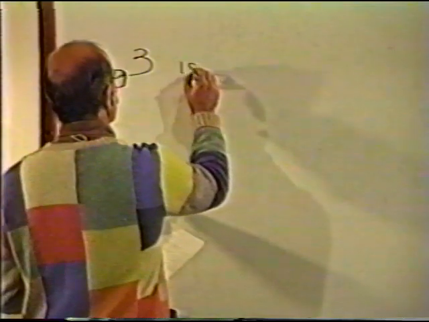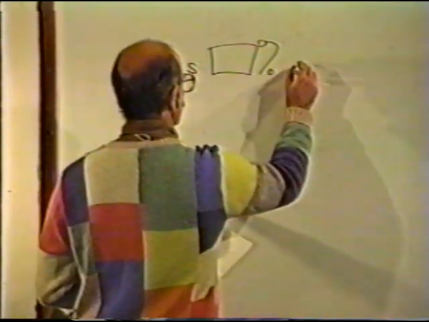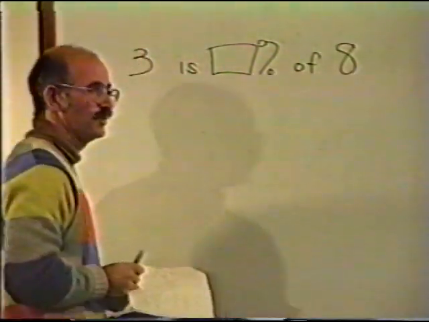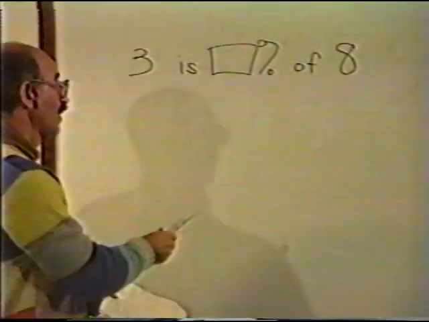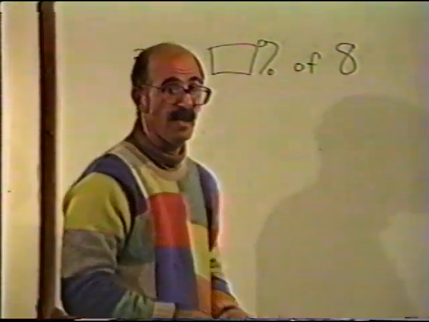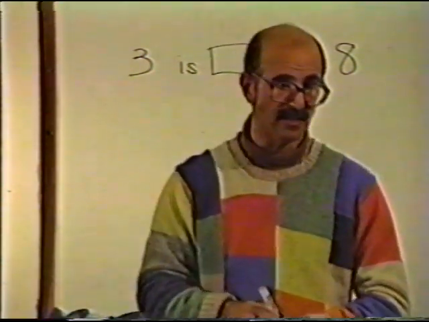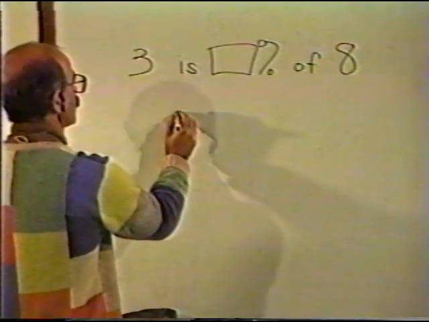Three is what percent of 8? Do you know the percent? No. You don't know the percent. It's a what percent problem. Therefore, it is type 2. So we make a fraction.